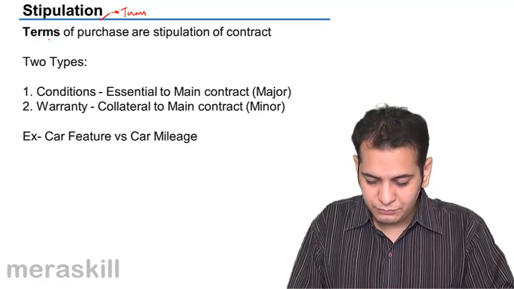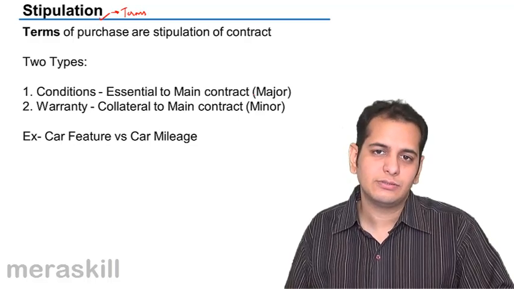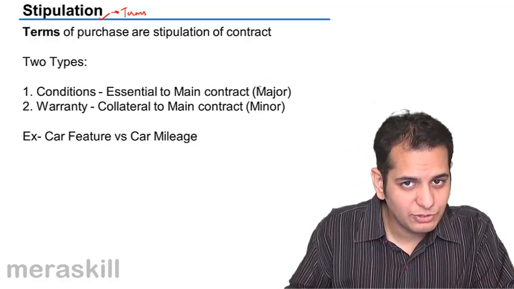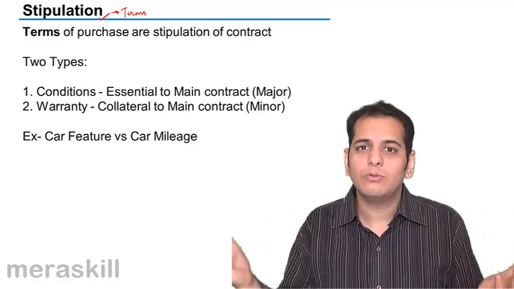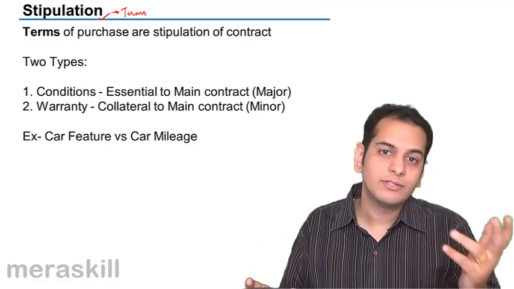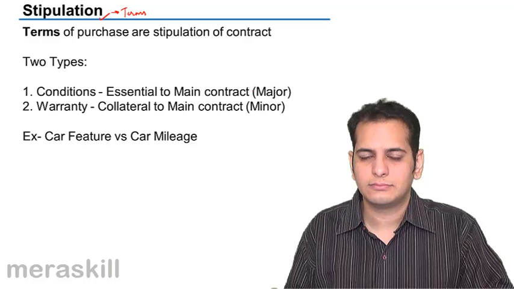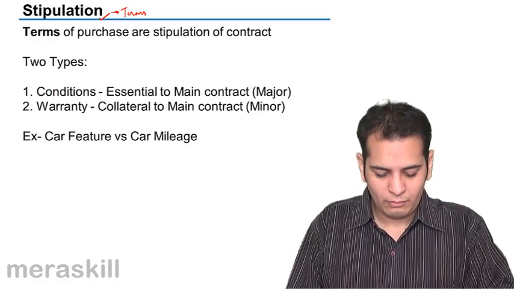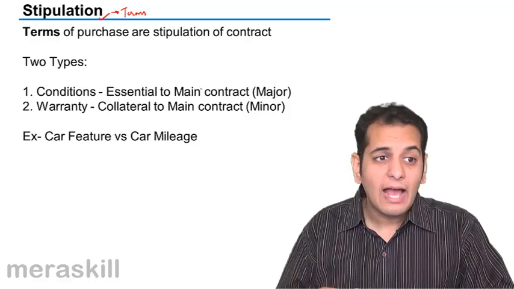So now these terms of purchase may be a condition, may be a warranty. How do we know that a particular term is a condition or it is a warranty? We can know that by analyzing it.